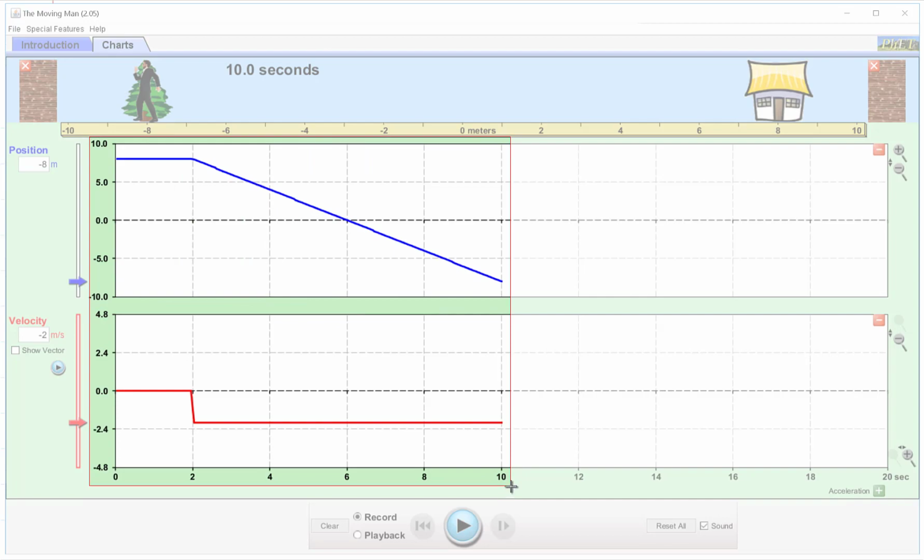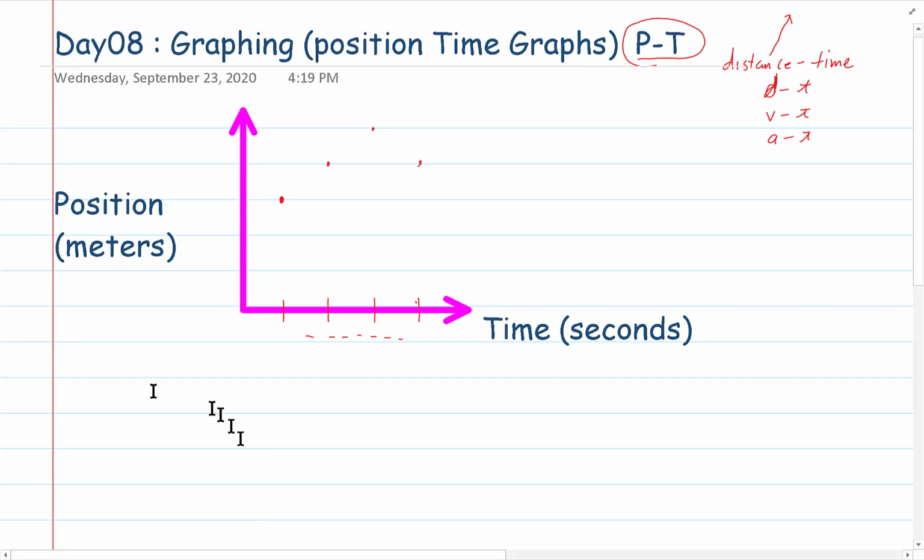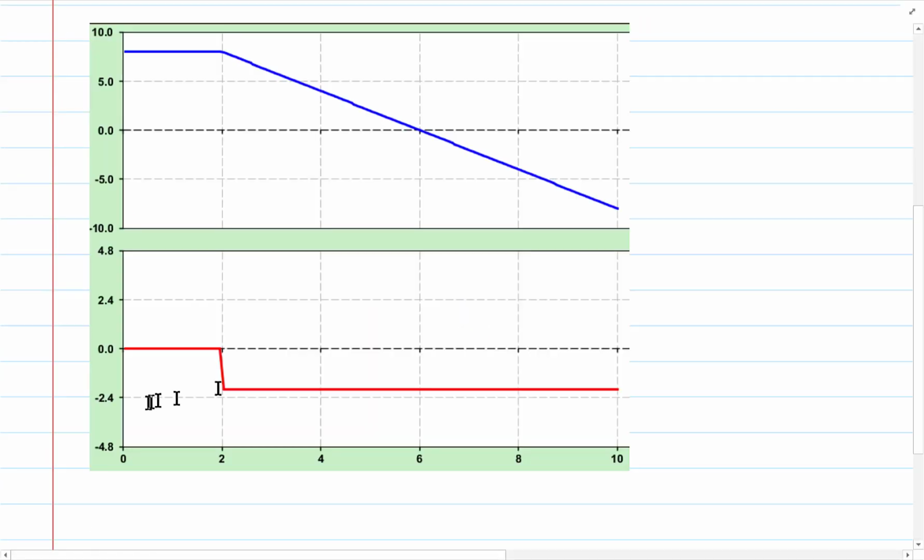I have to go down here to get the time. Now I can draw. This is at 10 seconds, 8 seconds, 6 seconds, 4 seconds, and 2. The run here, right from there, that is 8 seconds.